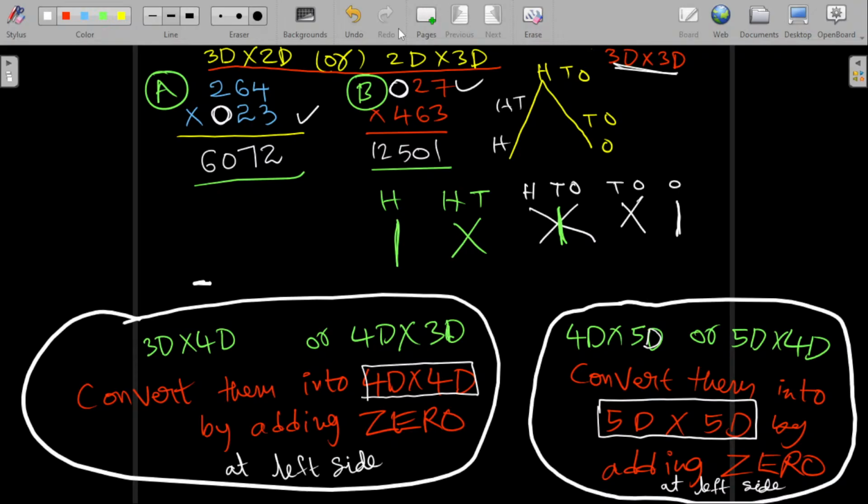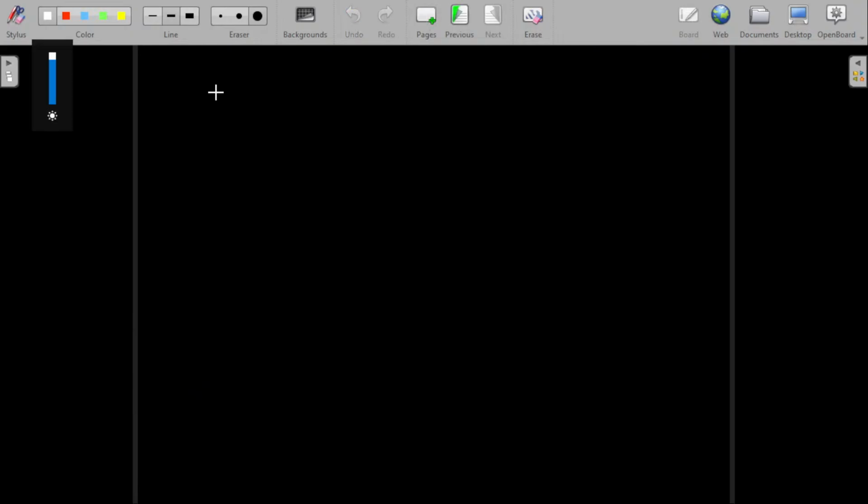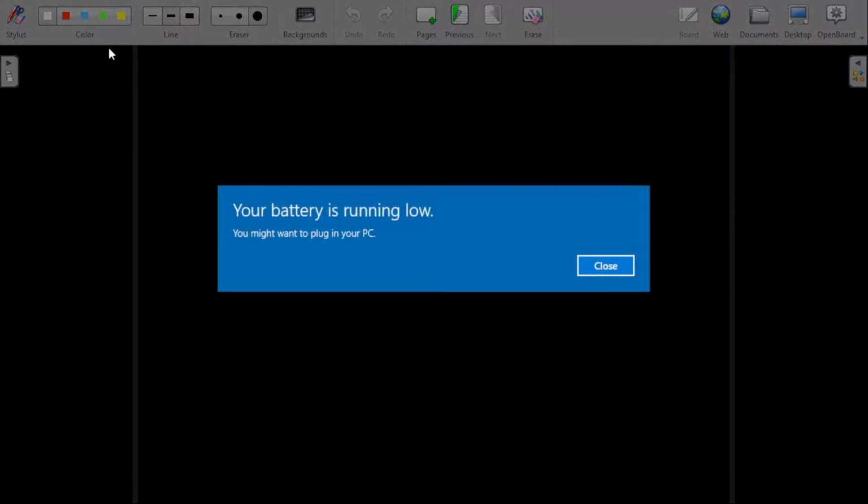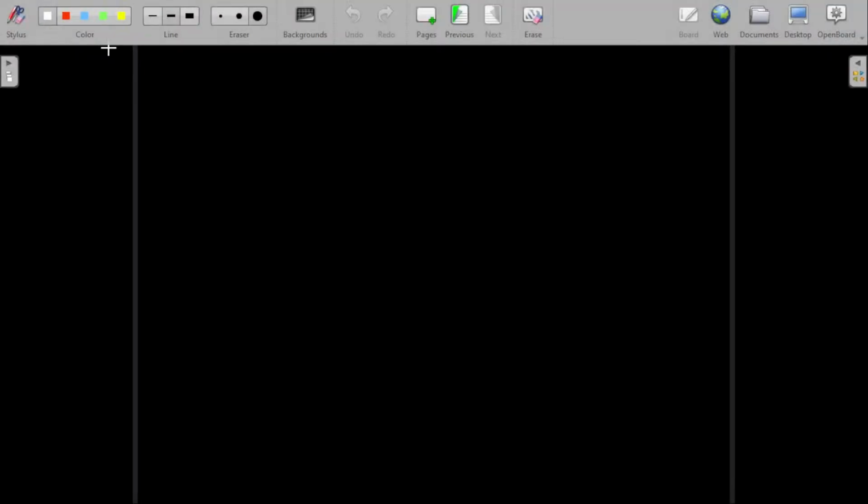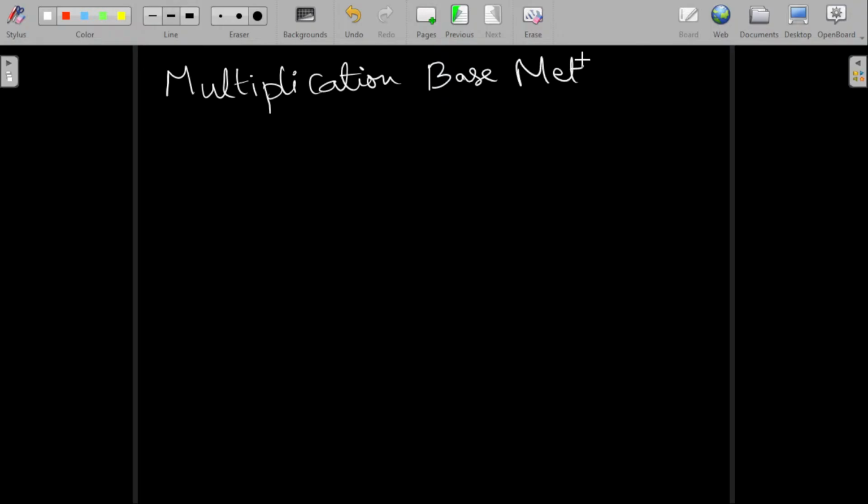Now, multiplication base method. Concentrate here.